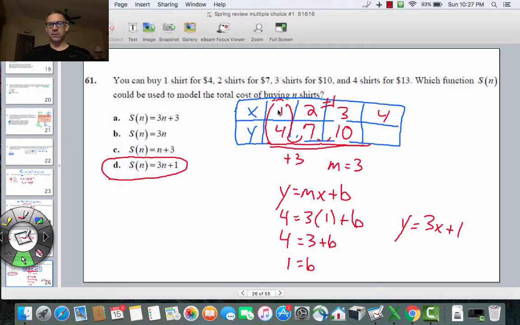You can plug in 1, 4 and solve for b and try to write it in slope-intercept form. The other way you can do it is you can just plug in points into these equations and see which ones work. So if you plug in a 1, 3 times 1 plus 1 gives you 4. So you can tell if you put in a 2 there, it has to give you 7. So that's the only one that works, at least for those first two numbers.